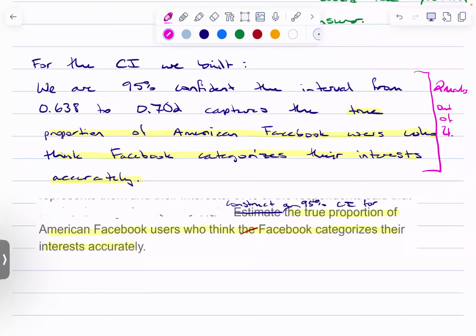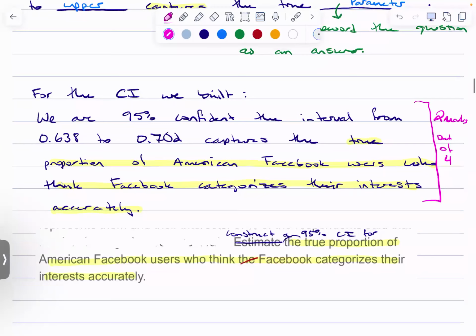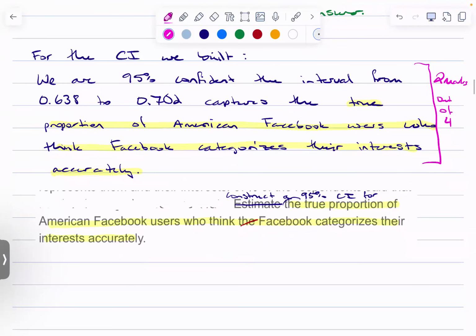Don't worry, the question will say interpret the interval, but everyone forgets to do it for some reason, even though I feel like I say it a lot.